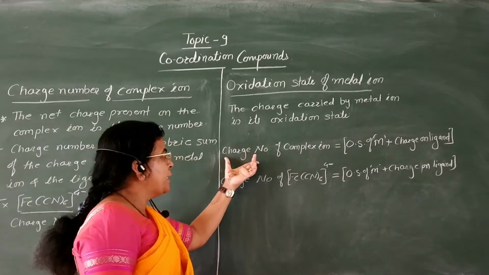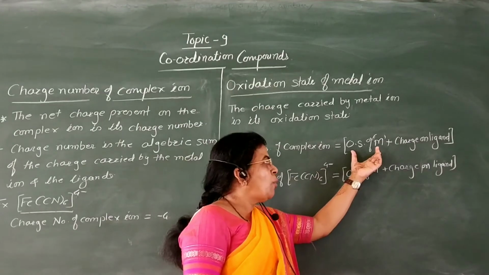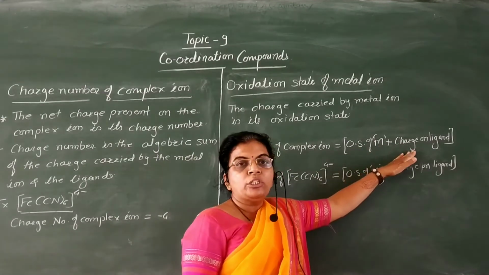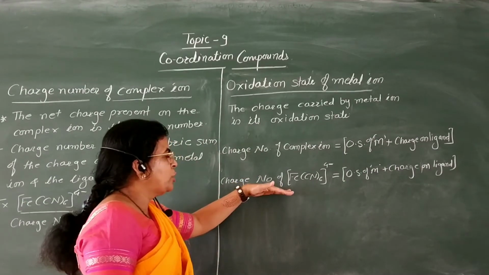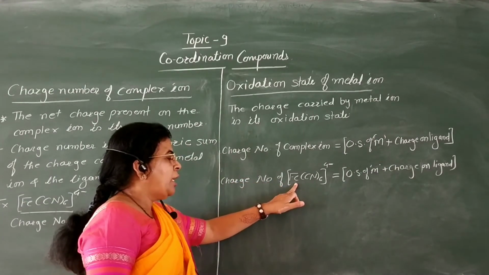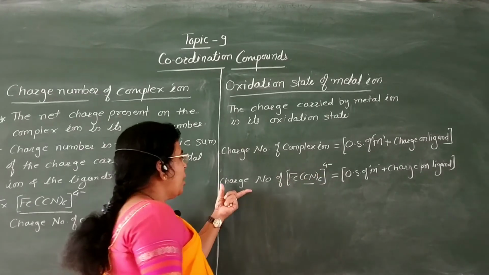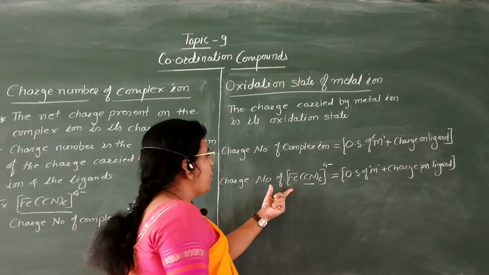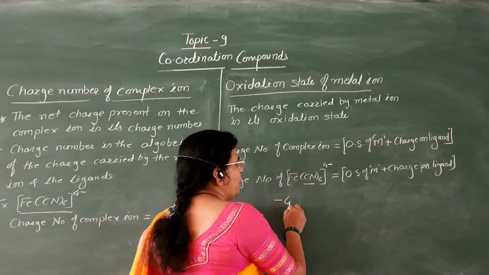Now we know that the charge number of the complex ion is equal to the oxidation state of metal ion and the charge on the ligand. Now we can calculate the oxidation state of Fe in the case of this complex, that is Fe(CN)6 4-. Here the charge number of Fe(CN)6 4- is -4.